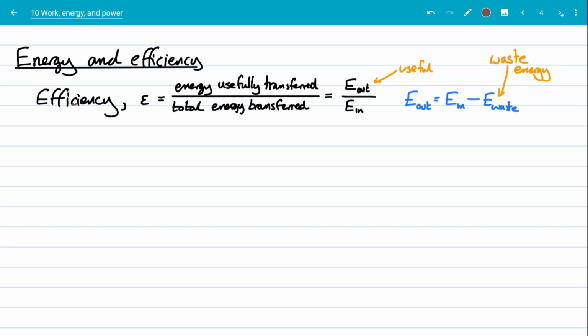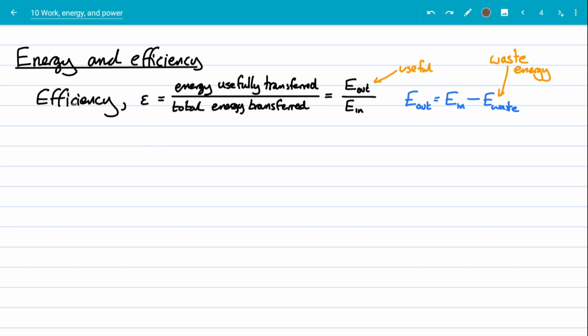So it's all very well to talk about efficiency in terms of energy, but it could actually be more useful sometimes to talk about power efficiency. So the power that is out, actually, let's do it the other way around.